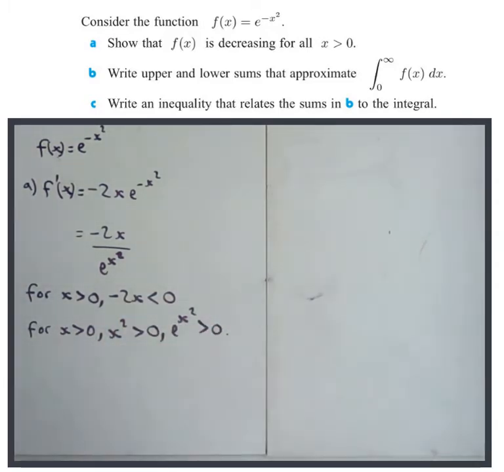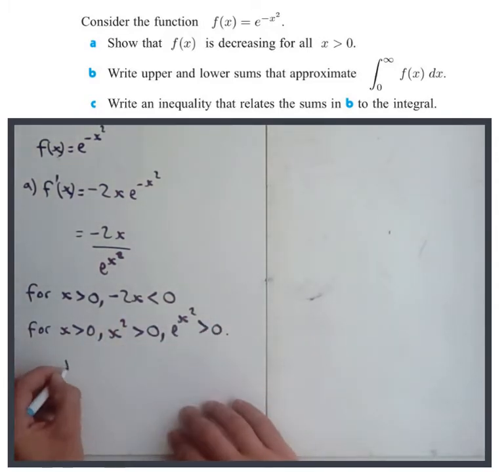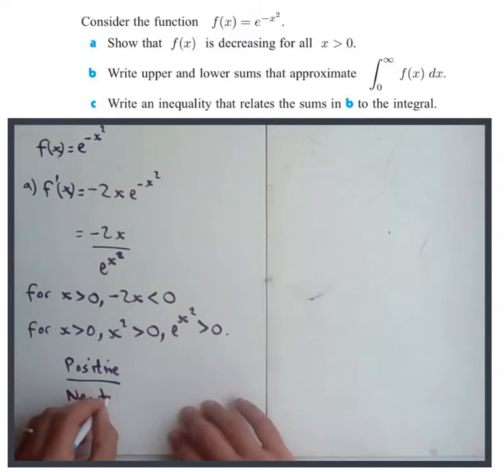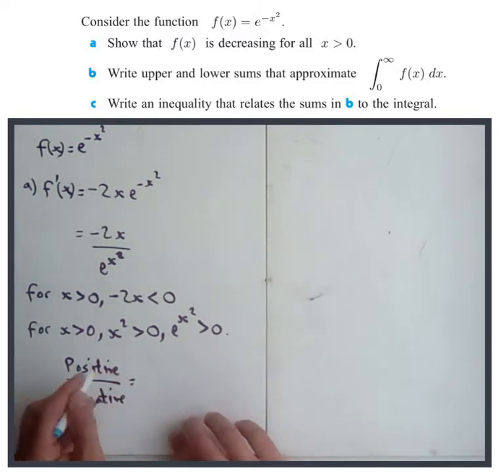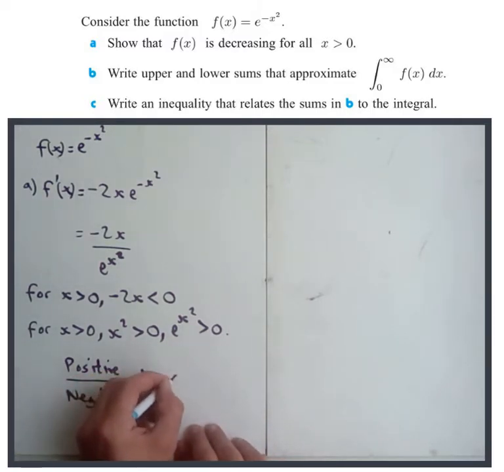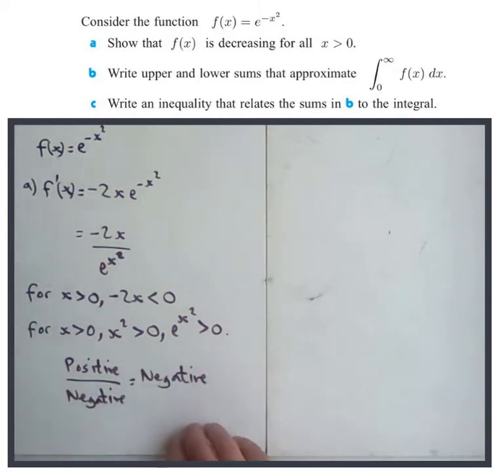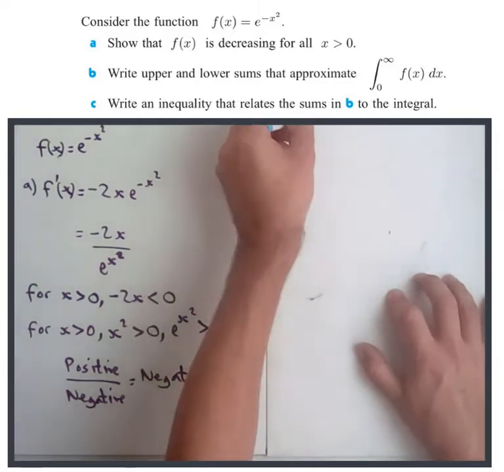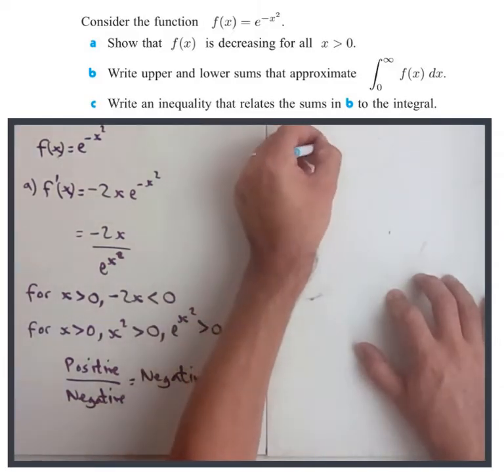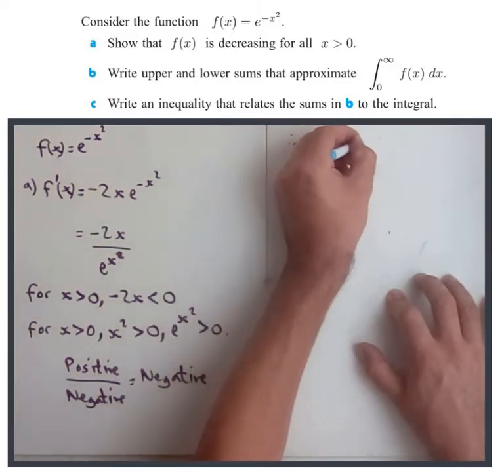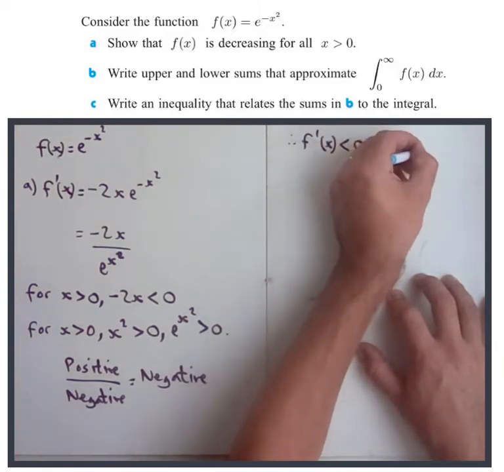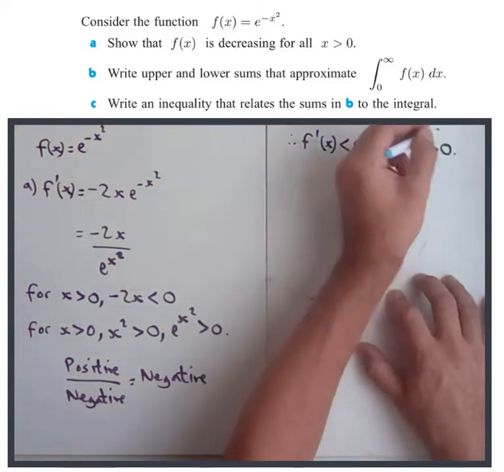So we're going to have a negative divided by a positive, which equals negative. So that proves that f dashed x is less than 0 for all x greater than 0.